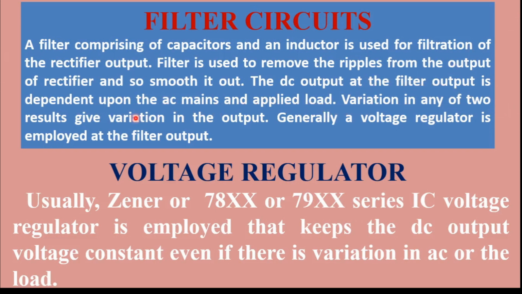Variation in any of the two results in variation in the output. Generally, a voltage regulator is employed at the filter output. Usually, for voltage regulation, a Zener diode or 78XX, 79XX series IC voltage regulator is employed that keeps the DC output voltage constant even if there is variation in AC or the load.